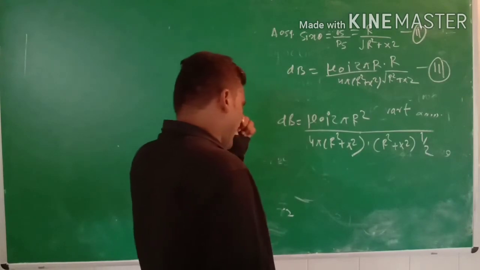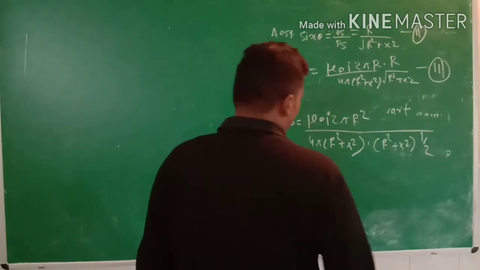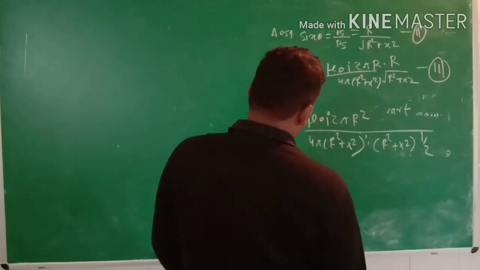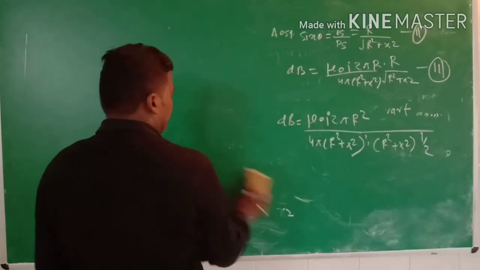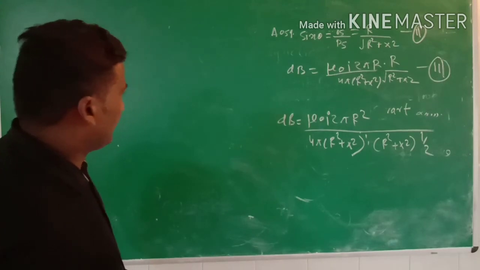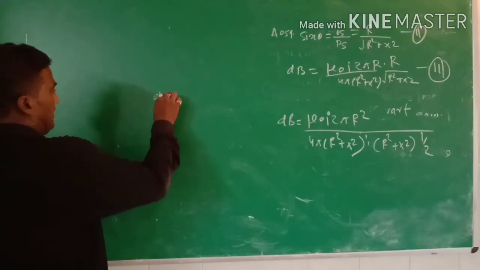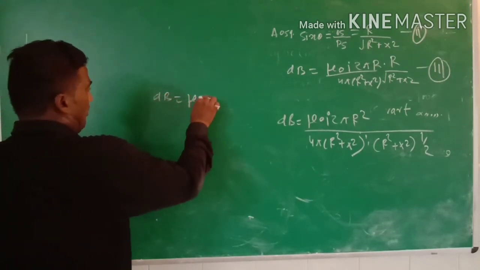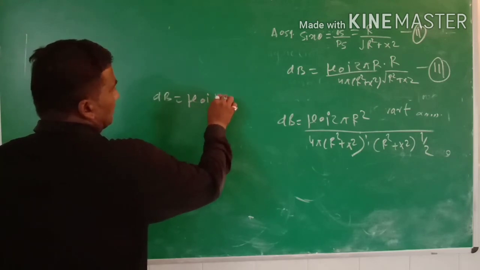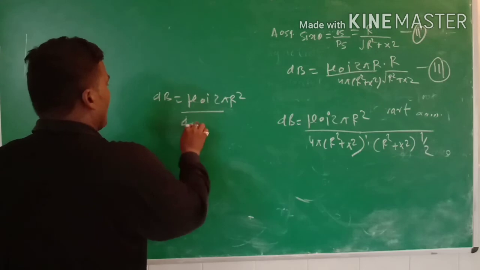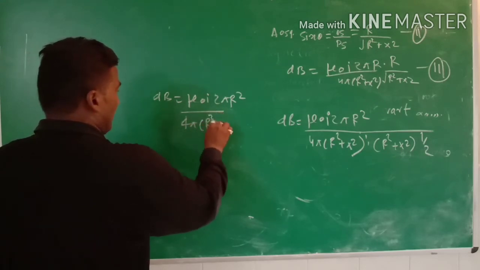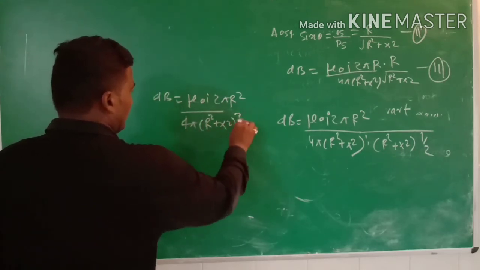Now the base is the same, r square plus x square. Therefore, the value of magnetic field dB is equal to mu naught I 2 pi r square upon 4 pi (r square plus x square) power 3 by 2.